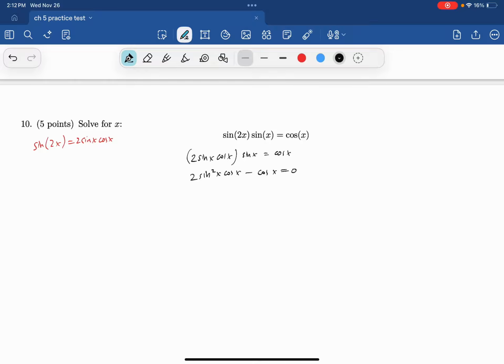Remember, we can't divide both sides by cosine. Don't divide. Not only don't, can't.